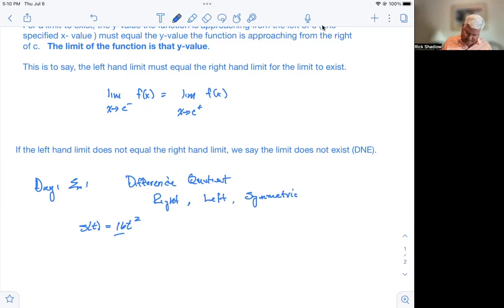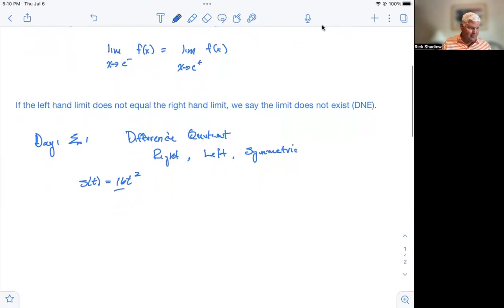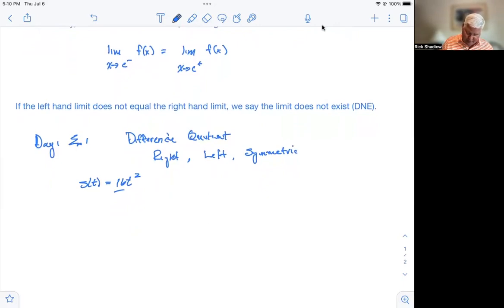From a situation such as this, I want to approximate s of 5. Actually, I'm not so much wanting to approximate s of 5 as I want to come up with how fast it's actually changing, what the velocity is going to be for the first 5 seconds.